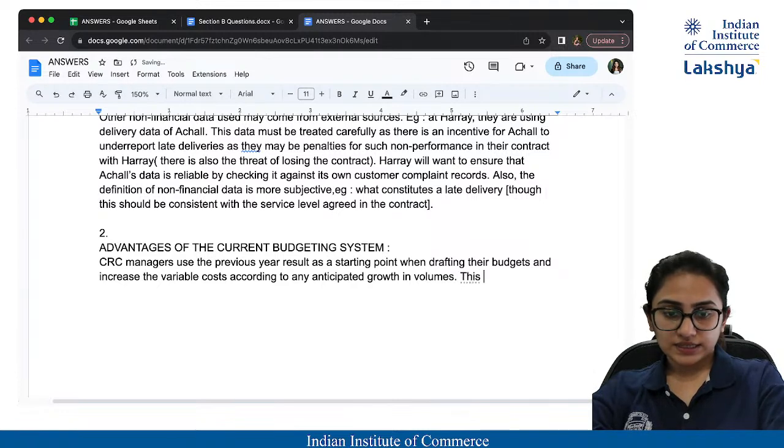So this is an example of incremental budgeting. Okay.